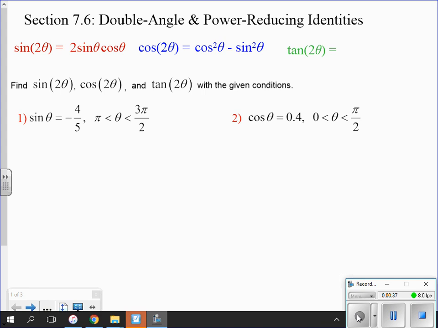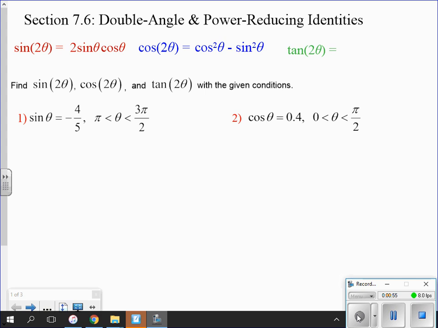Cosine 2 theta: cosine squared theta minus sine squared theta. Not plus, because cosine squared plus sine squared is 1. It's not 1, it's minus on this one.